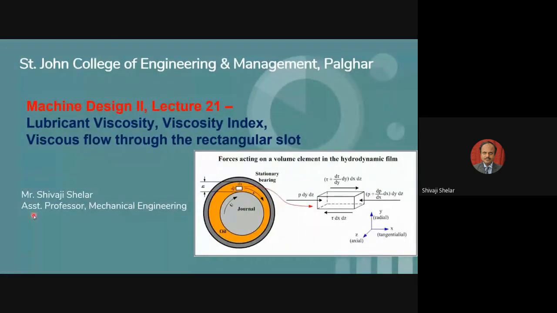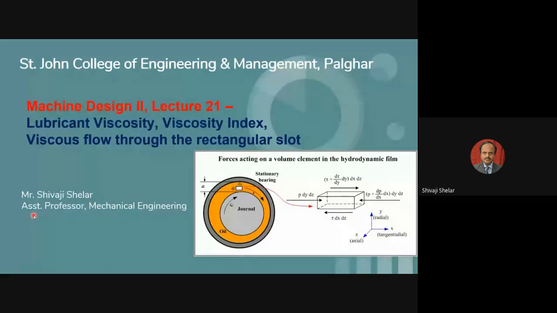In the last session, we learned about different types of sliding contact bearing, and I also told you the types of lubrication. So basically, the lubricant used is a fluid. To understand the right selection of sliding contact bearing, it is necessary to learn some basic fundamentals of fluid mechanics again here.